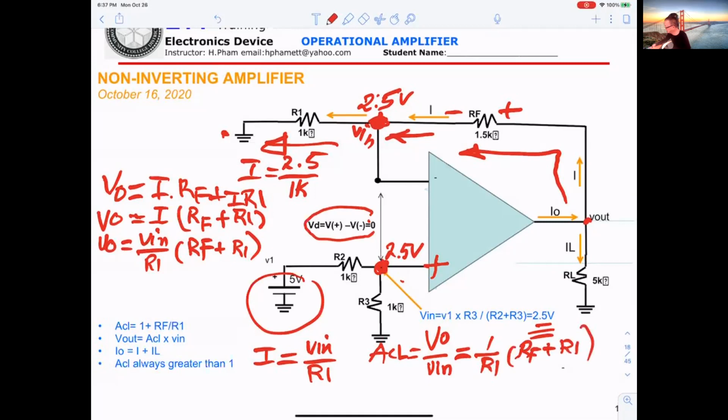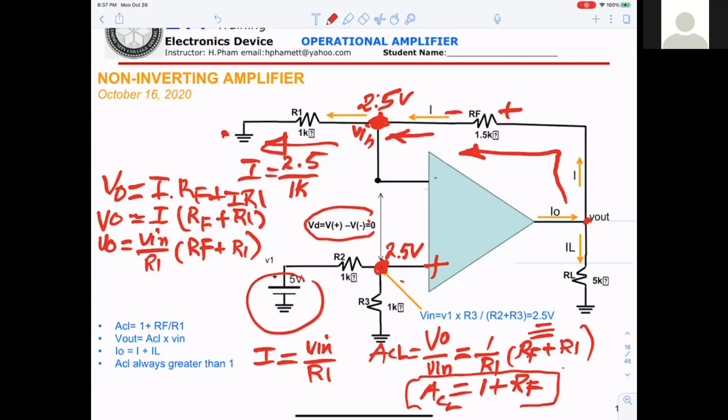And then they will be equal, R1 cancels, it gets 1. So it will be 1 plus RF over R1. That is the formula.